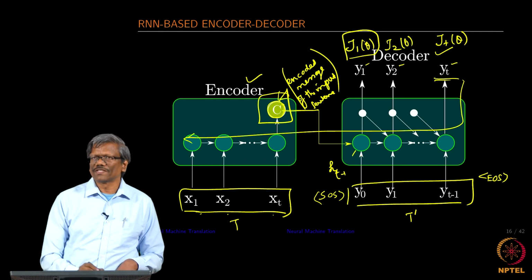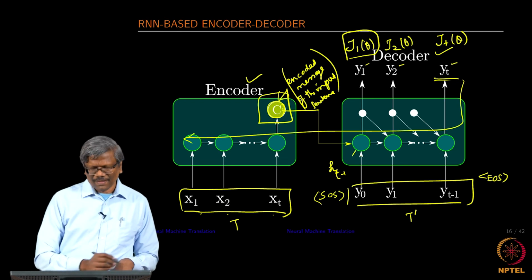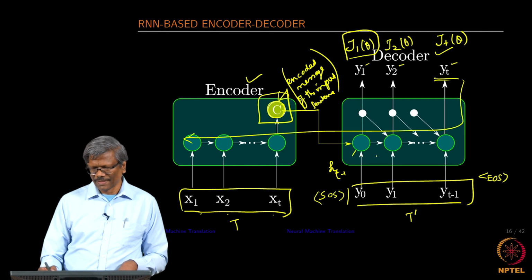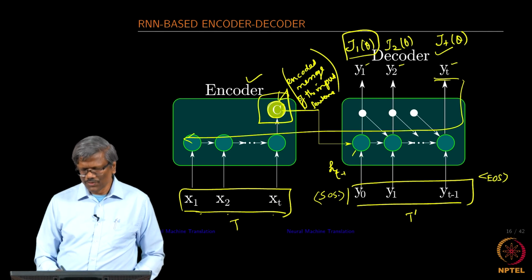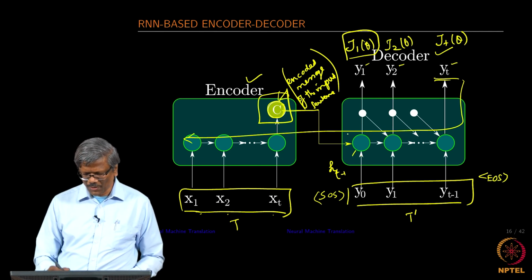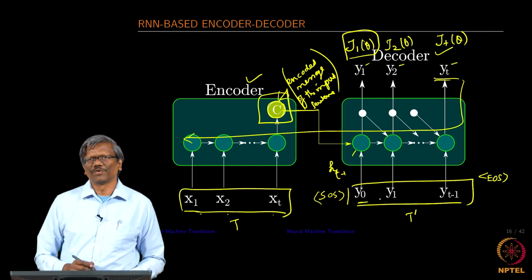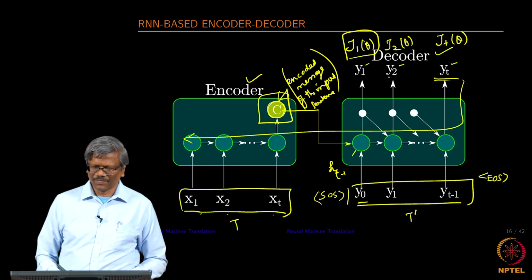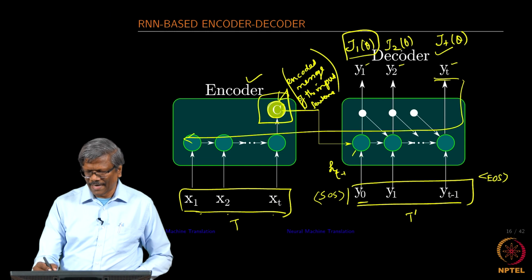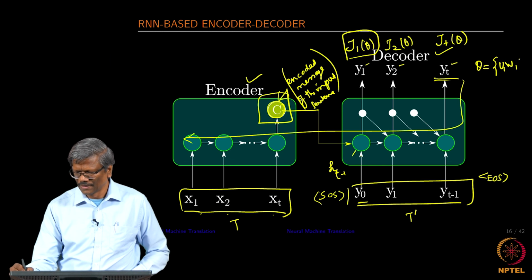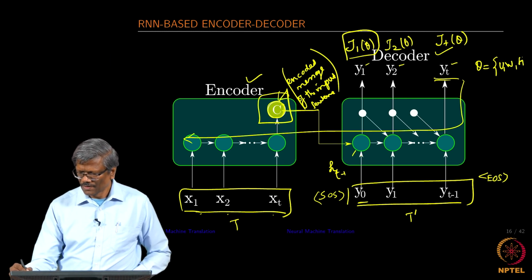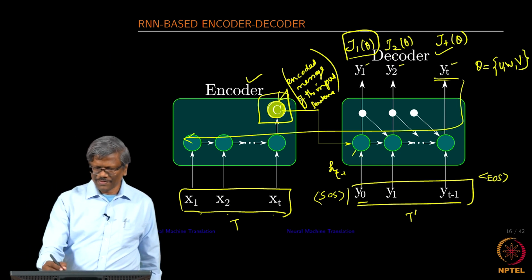The encoder encodes the sentence into a context vector, and then the context vector is fed in as input to the decoder, and then the decoder starts using the values that are coming in from the encoder and from the previous hidden state of the decoder and the input values, and starts creating values for the parameters which we just use as theta. So, they are U, W and V. Okay.